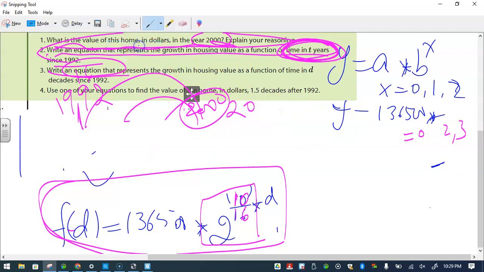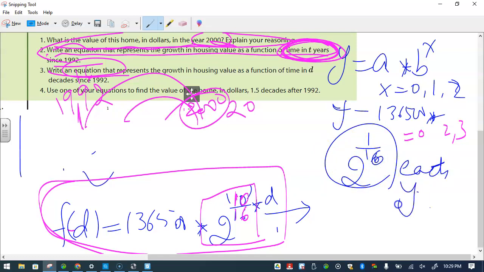Okay, so again I repeat, the growth factor was 2 over 16. This was for each year, right? But why is this 10 put? That's 2 raised to 16 for each decade. Each decade, 10 years, right?